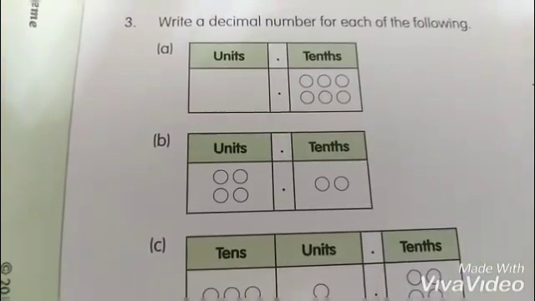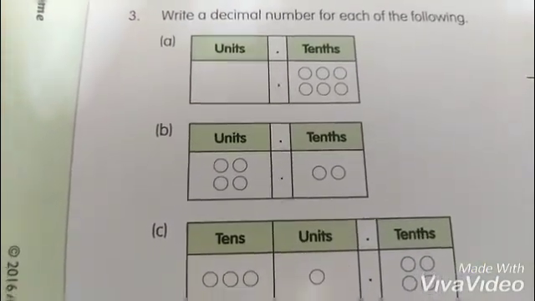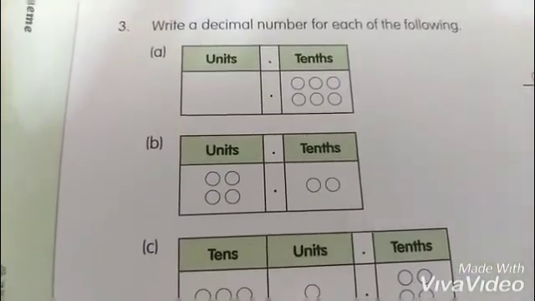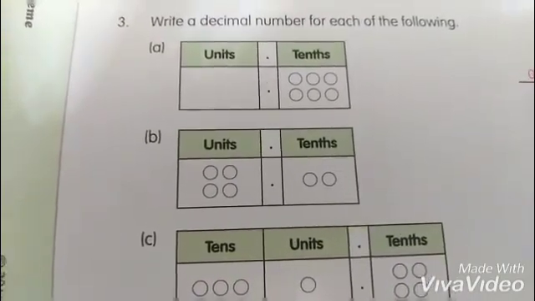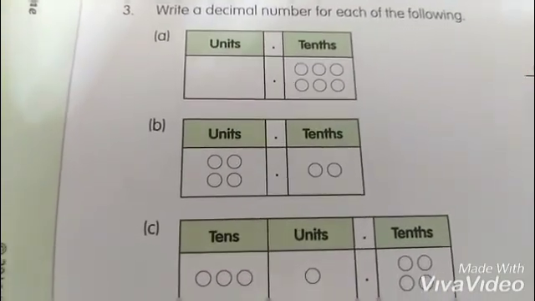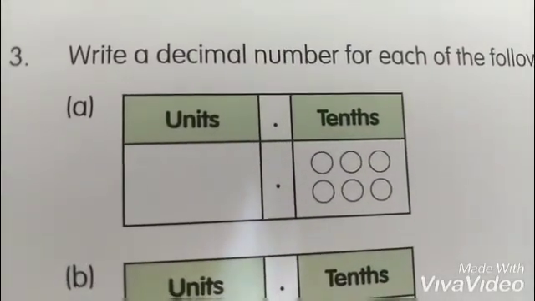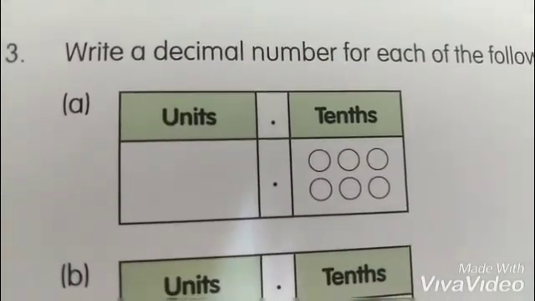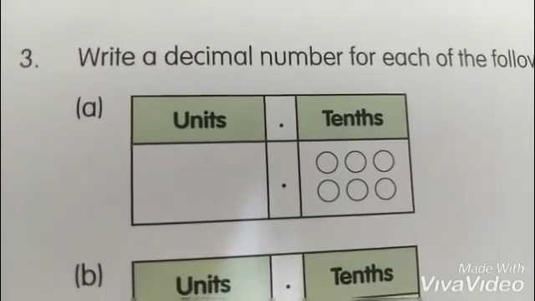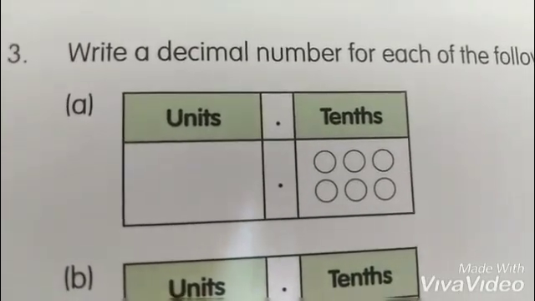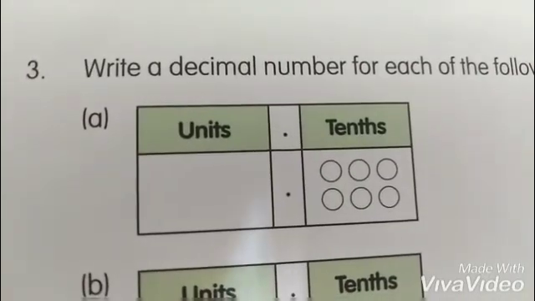Now open your workbook on page 58 and let's do question number 3 together. Write a decimal number for each of the following. In the first one, in the unit place we have nothing, which means 0. And in the tenths place we have 6.